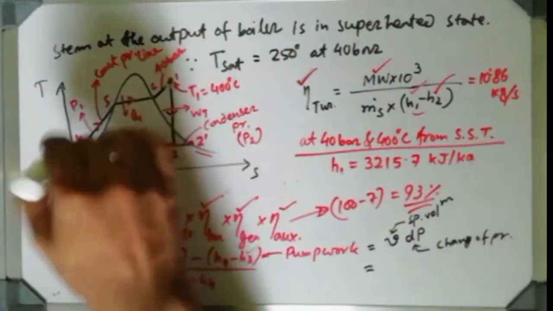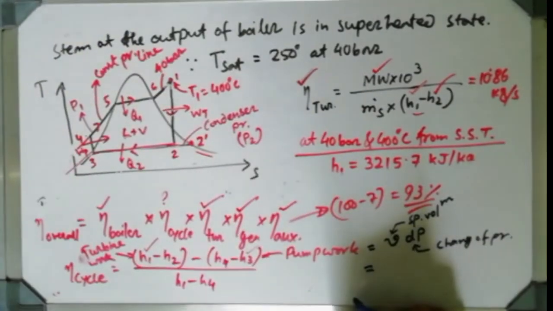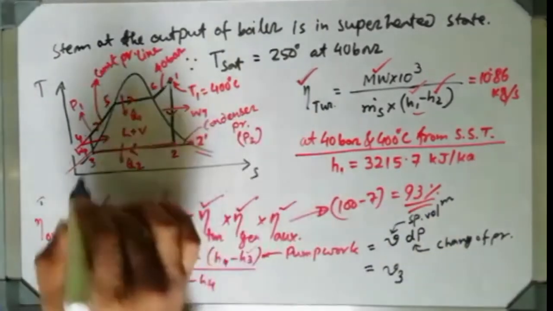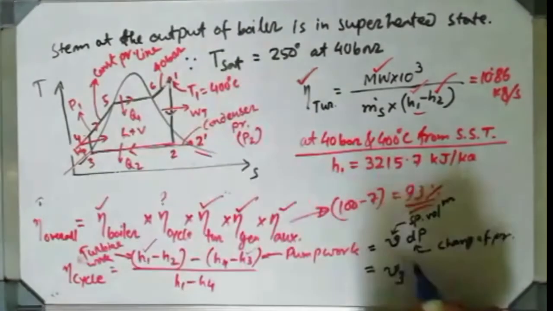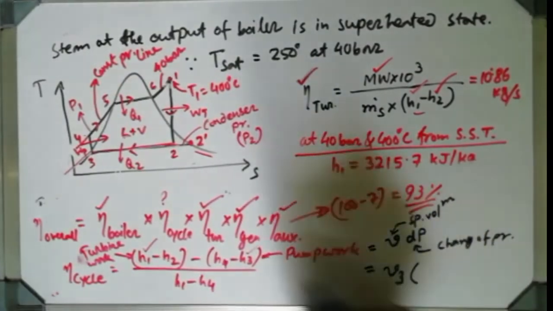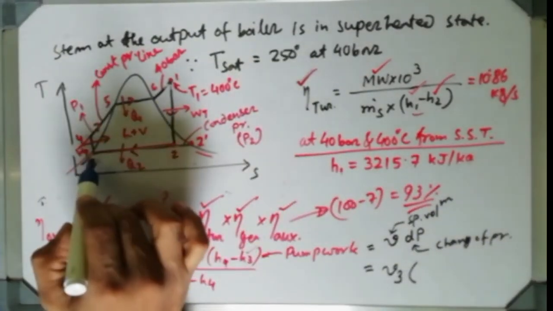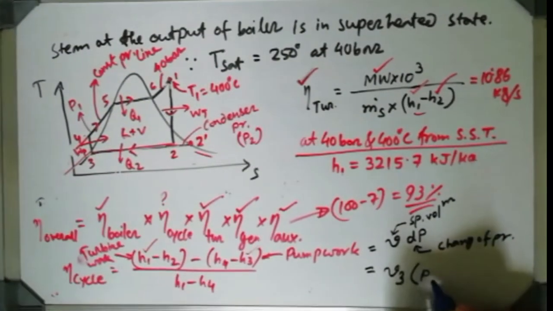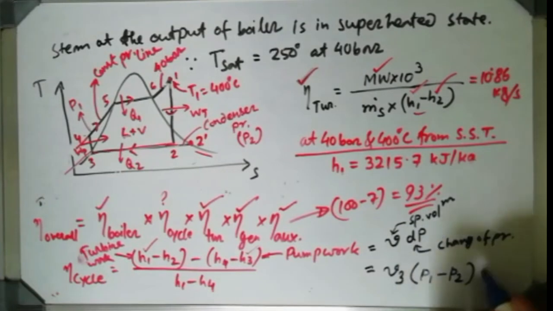Now, in terms of this diagram, if I convert this expression, it will look like V3, that means the specific volume at point 3, times the change in pressure. Which pressure? Boiler pressure minus condenser pressure, isn't it? So in terms of P1 minus P2, that is the expression for pump work that I have to use.